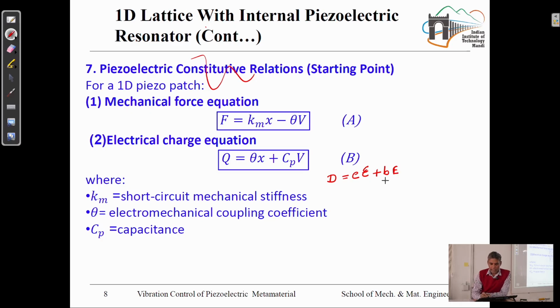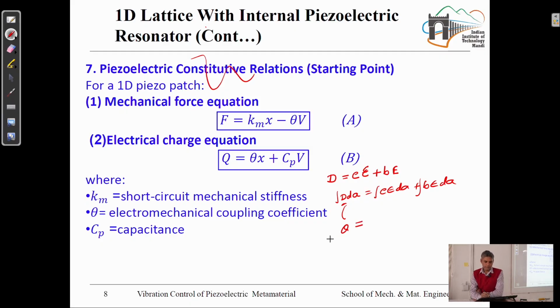Actually, I want to write this equation in this form. So what I will do is integrate this D over a small area. This is E epsilon dA, B epsilon dA, right? This is known as Q, charge.